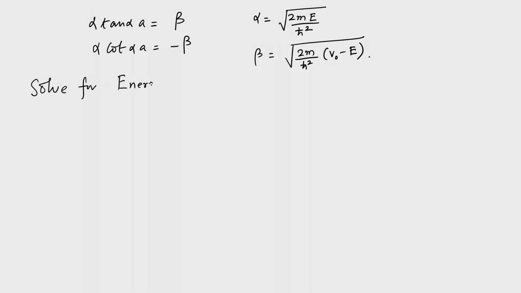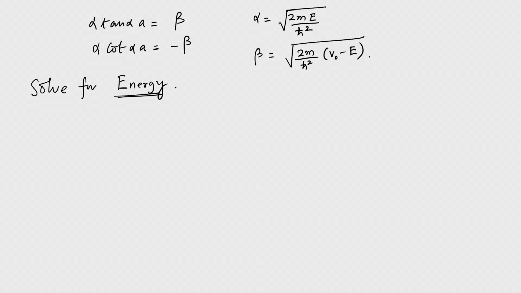that is the whole idea of a quantum mechanical problem, that we have to solve for the energy, and if you have to solve for the energy, you see energy is there in both alpha and beta, and since alpha and beta occur at both sides of the equation, you cannot simply separate out the unknown on one side and write all the known quantities on the other side.